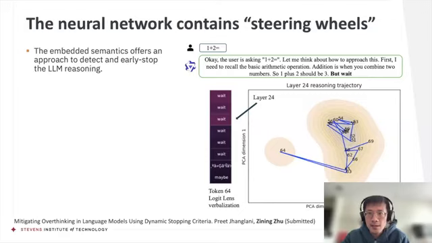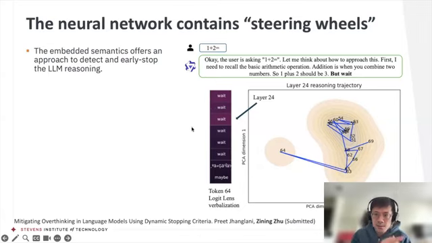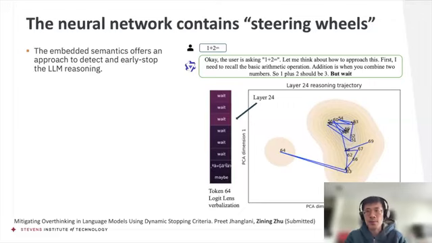Additionally, inside the other layers of the model, with the logit lens verbalization, we realize that the model is starting to think about stopping or waiting. So this offers us a signal.